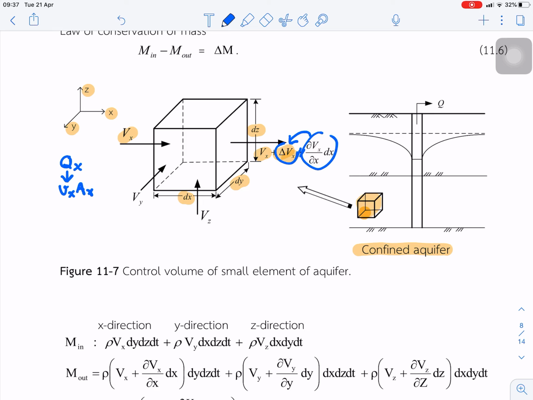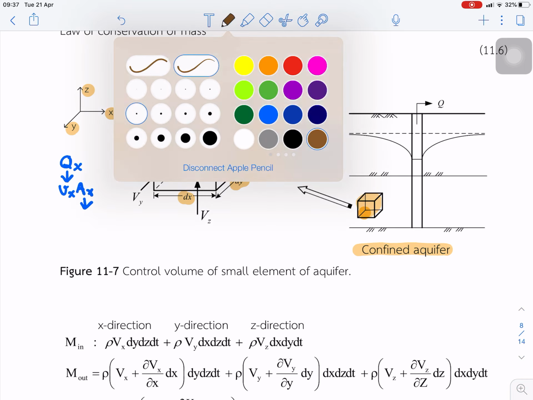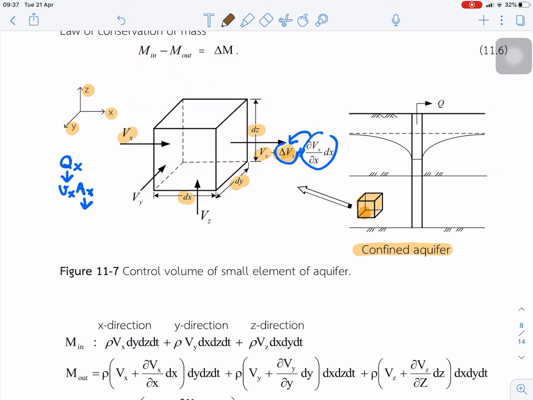Q is equal to V times A, and this Ax is the area, which is dy times dz. So the area is dy dz.